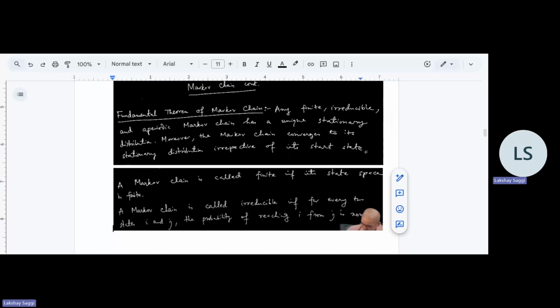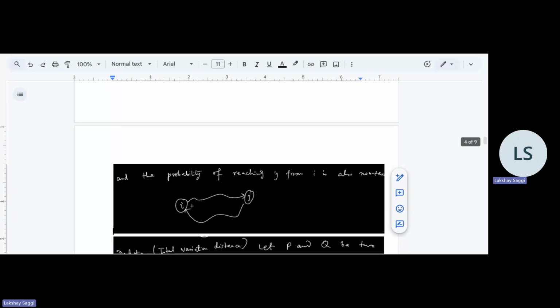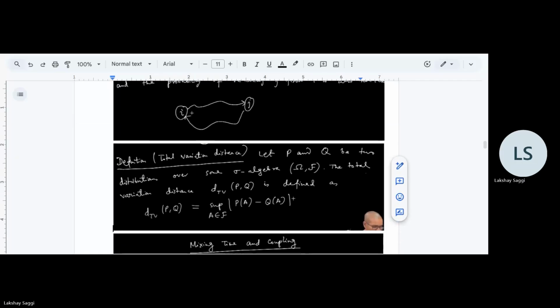Essentially, we can convert any finite and irreducible Markov chain to a finite, irreducible, and aperiodic Markov chain without changing the stationary distribution. This is pretty cool to have, and this fact turns out to be pretty useful in a lot of applications of Markov chains also.